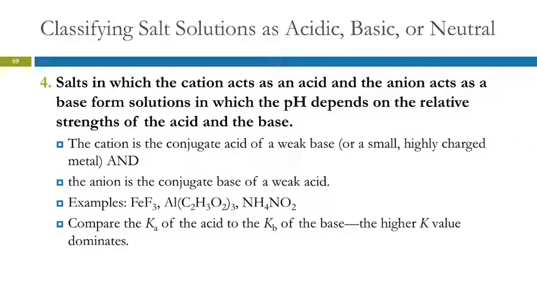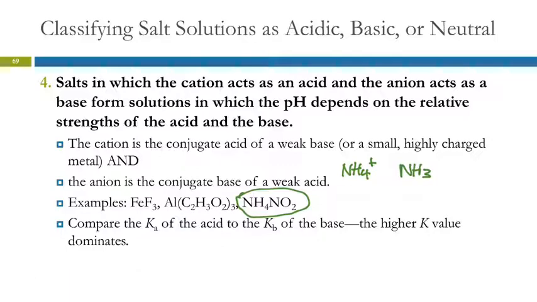And then we have the really complicated ones. We've got the cation acting as an acid, the anion acting as a base. And so now the pH is going to depend on the relative strengths of the acid and the base. So if we look at something like here we have not ammonium nitrate, but ammonium nitrite. NH4 plus is the conjugate acid of a weak base.